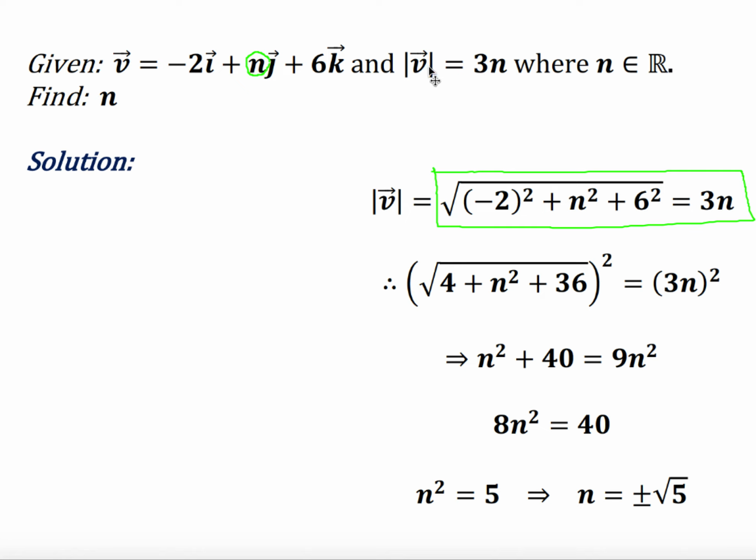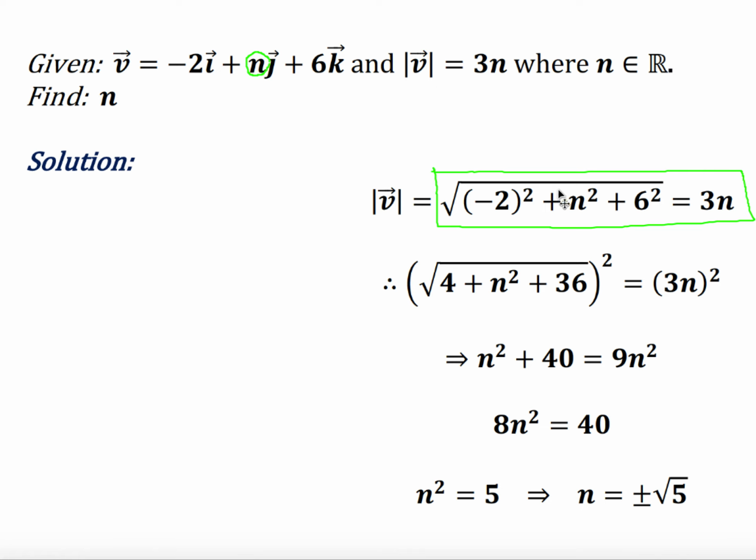So the length of a vector, once again, is just going to be the square root of x squared plus y squared plus z squared. That's pretty straightforward. Just extract them out. These i, j, and k forms are a bit superfluous. You can just look at the -2 and 6 in a column vector form. So adding up the squares of those and setting it equal to the length that it needs to be.